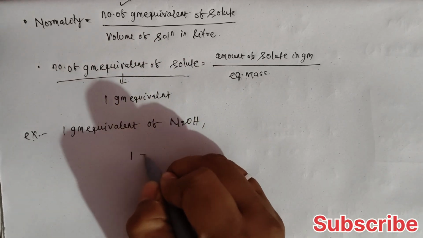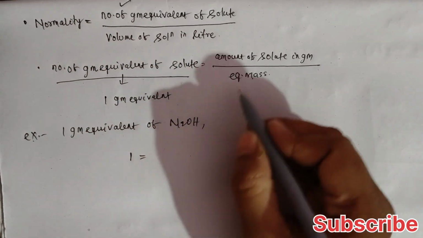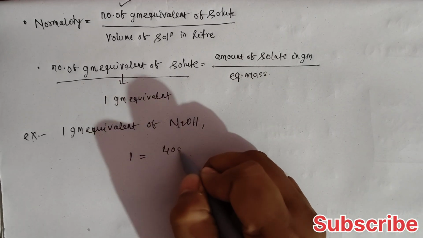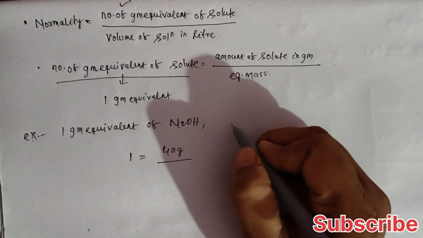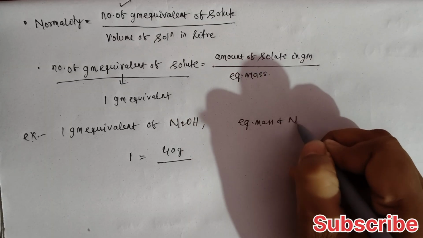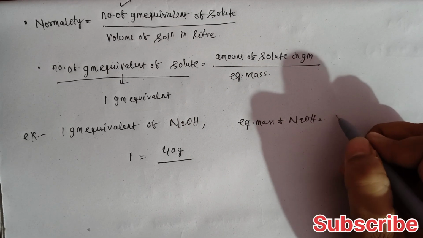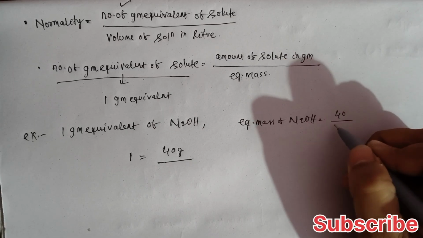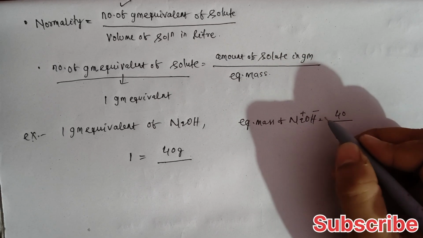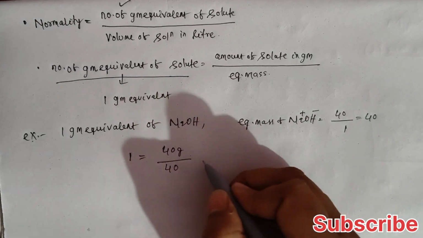So the amount of solute taken in grams must be 40 gram, because the equivalent mass of sodium hydroxide is what? Molecular mass is 40. Its valency, its acidity, is 1, so that is equal to 40. So 40 by 40 equals 1.